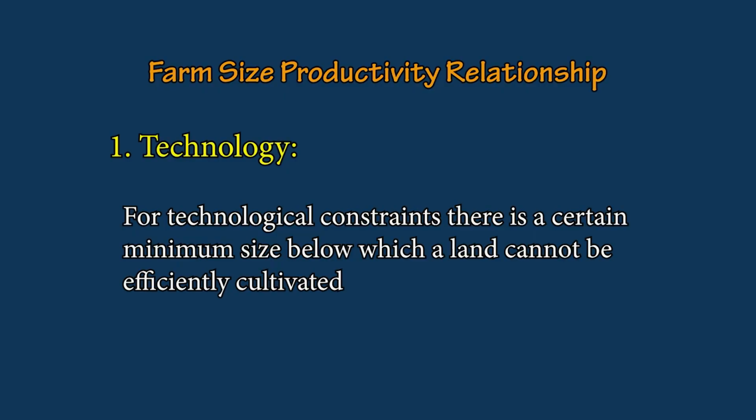The first factor is technology. It is said that for technological constraints, there is a certain minimum size below which land cannot be cultivated efficiently. Now, why is this so?